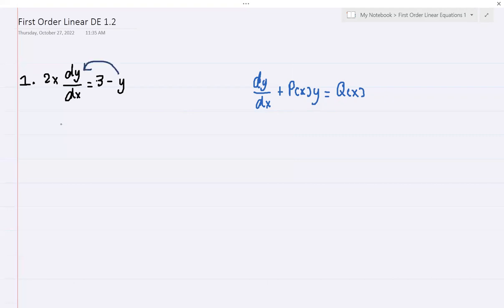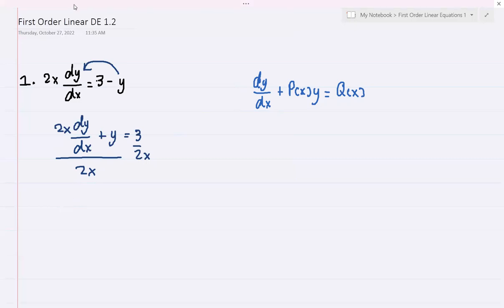So we will have 2x dy all over dx plus y is equal to 3. And as you can see, the coefficient of your dy all over dx is 1. Or in other words, there shall be no coefficient for your dy all over dx except 1. Therefore, we will divide both sides by 2x.